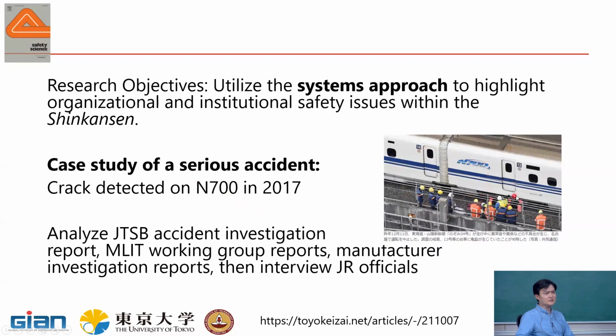The 700 is one of the most advanced cars that run at very high speed between the Sanyo and Tokaido, running between those two profitable lines we were talking about, very, very high-performing lines.